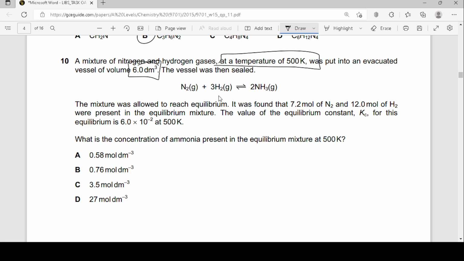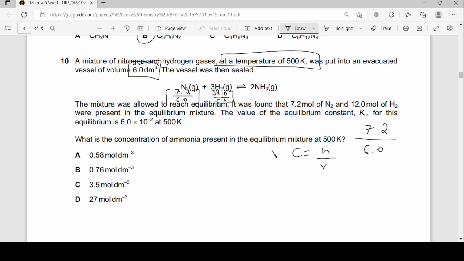Okay, so let me just write down the values. Concentration is moles divided by volume, right? So for N2 it will be 7.2 divided by 6.0 moles per decimeter cube. And H2 is 12.0 divided by 6.0.